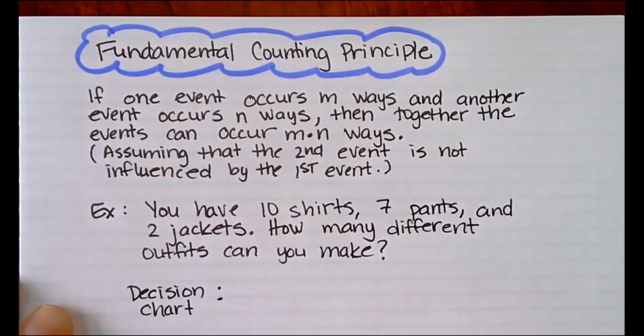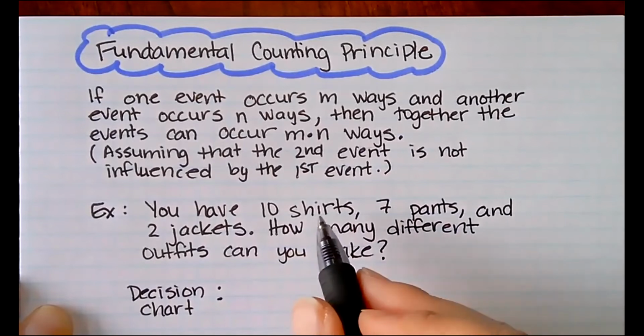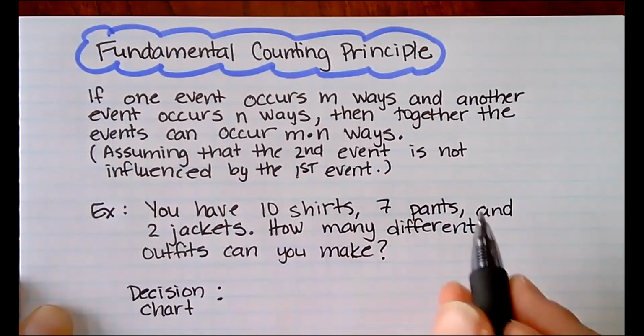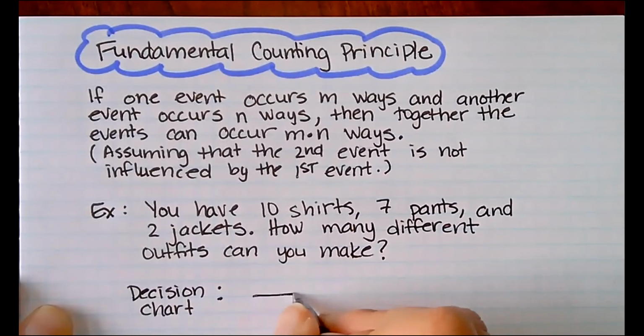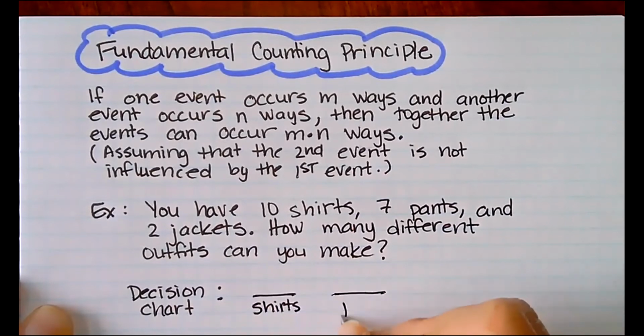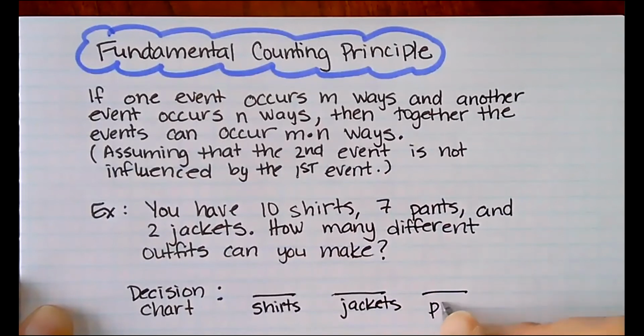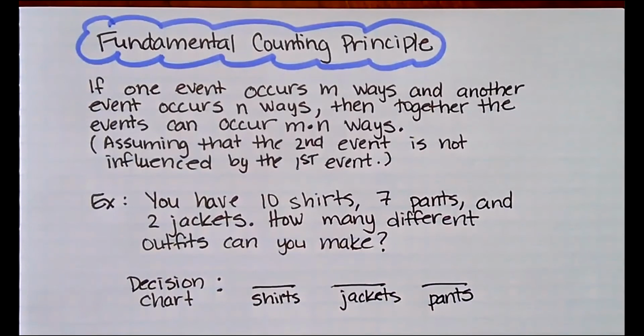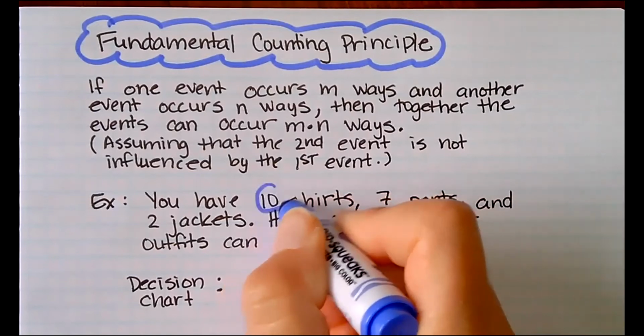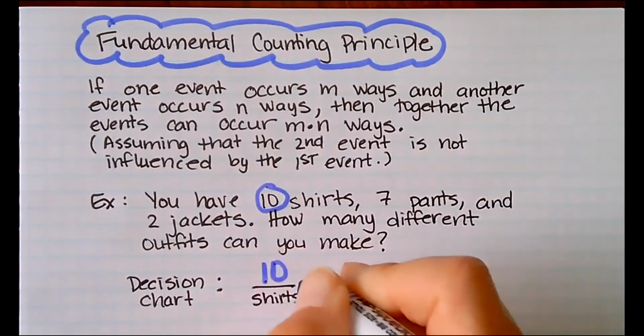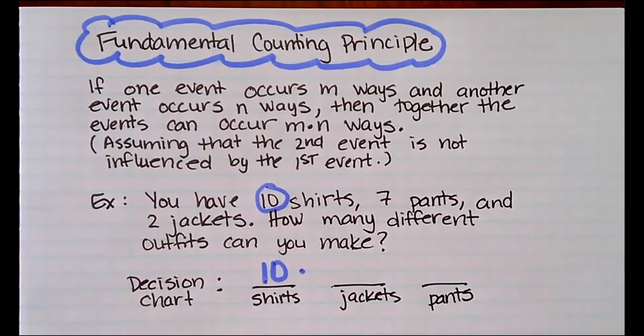So we have 3 different decisions that we need to make. We need to make a decision on shirt, on pants, and on jacket. So I'm going to have shirts, jackets, and pants. Those are the 3 things we're debating about. We have 10 shirts, so we have 10 choices for our shirts.